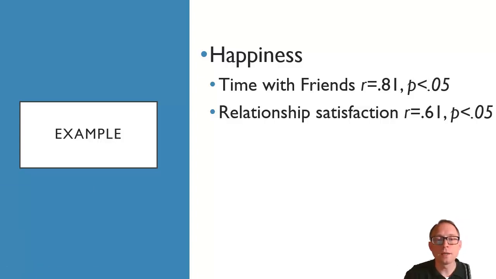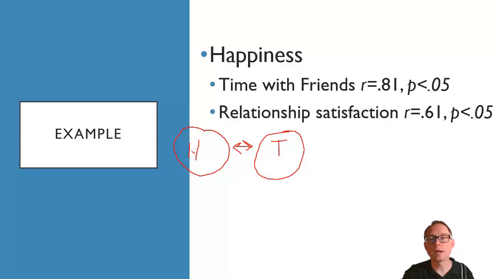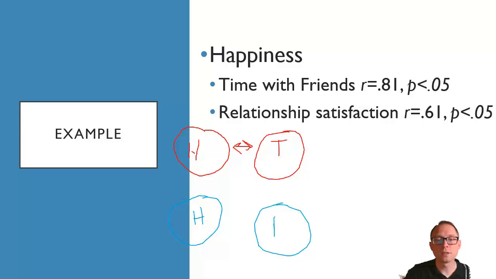So what this looks like is we've got the influence of two variables with each other. These are bivariate correlations. So this is happiness, and this is time with friends, and these are correlated with each other. That's what R equals 0.81 is telling you. Conversely, we have a separate analysis with happiness and relationship satisfaction, and those are correlated with each other.